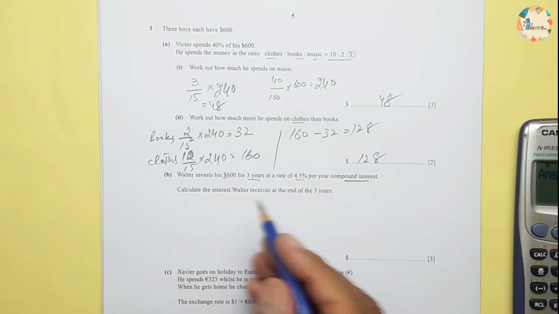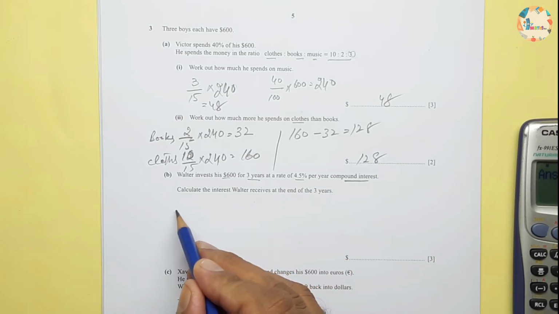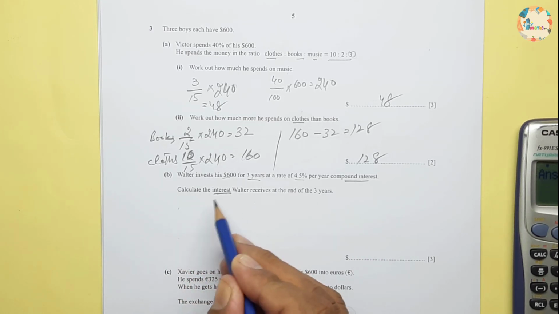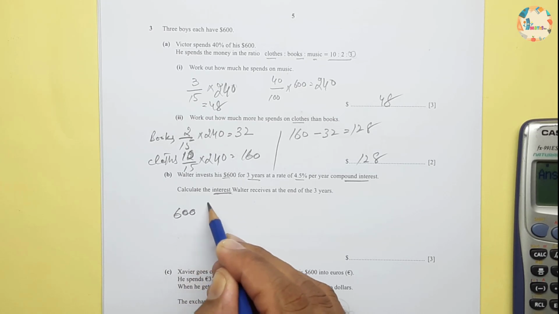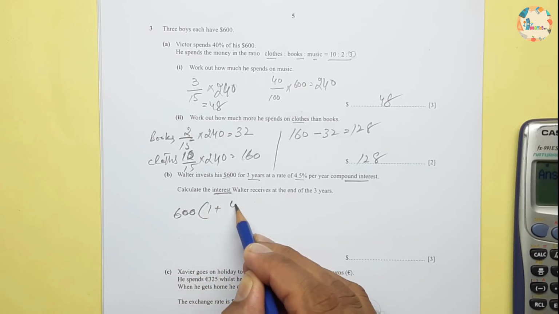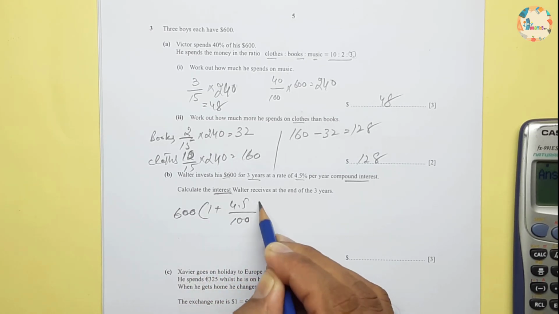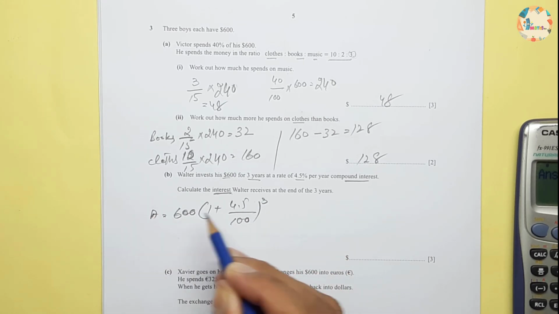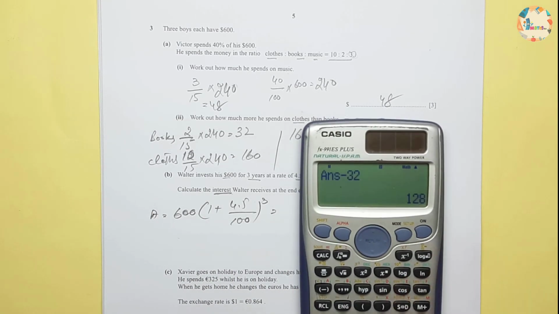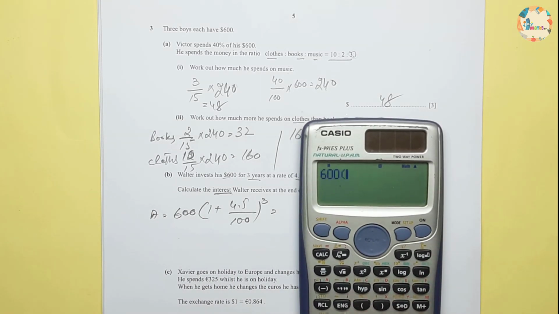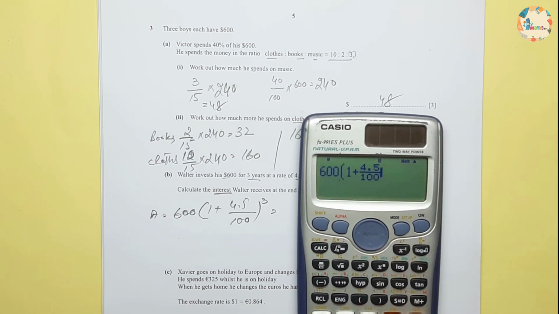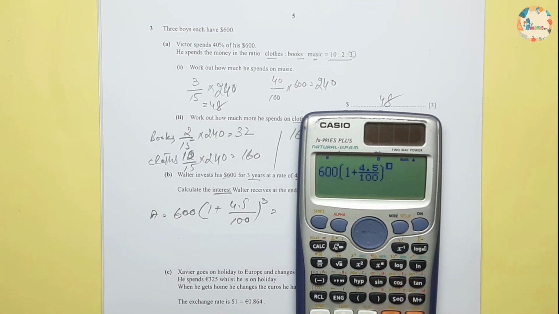So we'll be using the compound interest formula. Calculate the interest basically. They are asking for interest only. So principal amount into 1 plus 4.5 over 100, and years is 3. So this will be the amount, and this will be equal to 600 into 1 plus 4.5 divided by 100 and raised to the power 3.